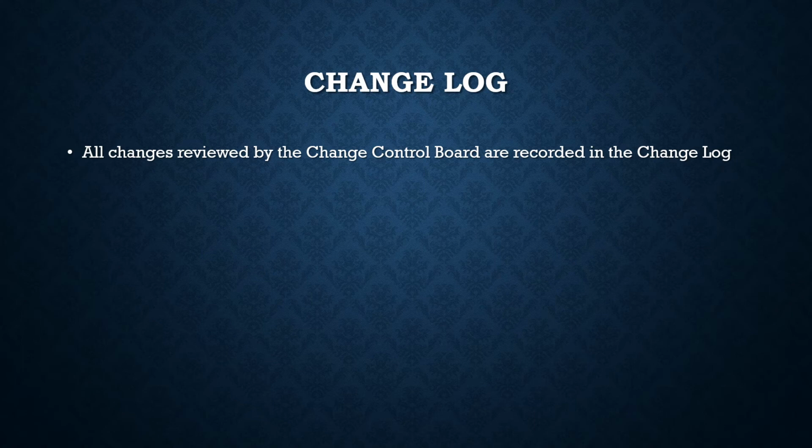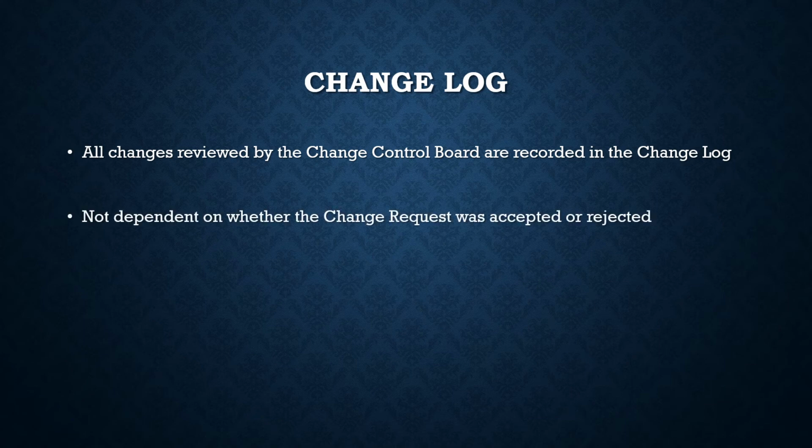There are organizations and departments that give this responsibility to the PMO, or get someone from the CCB to nominate and update and maintain the change log for all the projects. But there are also times where each individual project manager is responsible to maintain the change log for their own project. So every change is recorded in the change log.